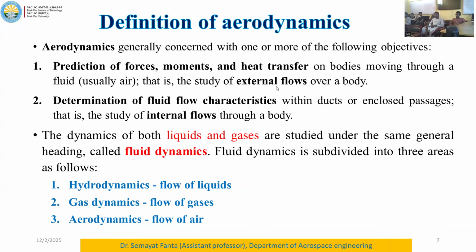Hot combustion gases flow through the combustion chamber, then go to the turbine, and come out through the exhaust. The imparting of momentum by that hot, high-pressure fluid will help push the aircraft forward.